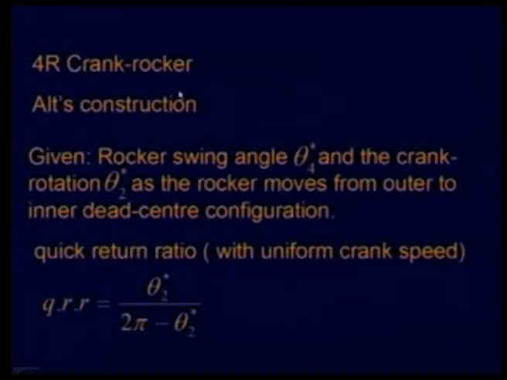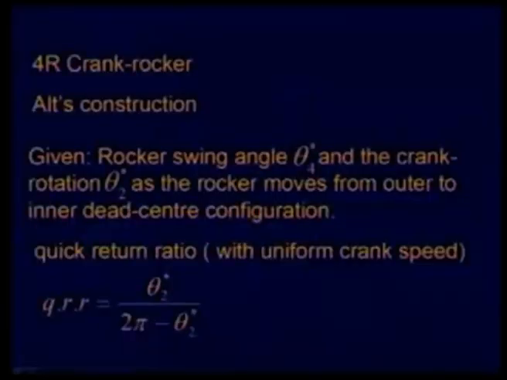Next we shall discuss the dead center problems for 4R linkages, that is the crank rocker mechanisms, for given swing angle theta 4 star and the crank rotation theta 2 star as the rocker moves from outer to inner dead center configuration. We shall now discuss the synthesis of 4R crank rocker mechanisms for given dead center configurations.